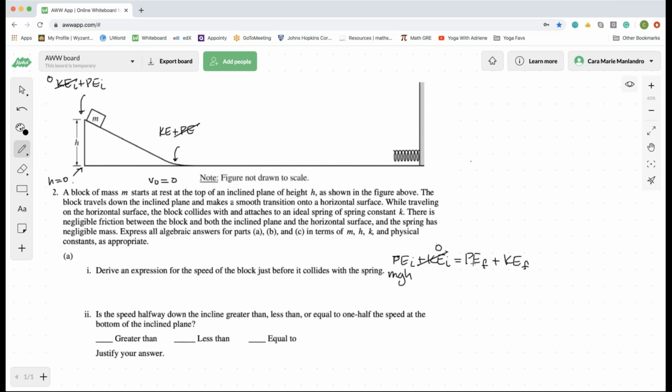And then this is 0 because I am at rest. Down at the bottom, h is 0. So I'm setting mgh equal to 1/2 mv squared. I can drop out those m's. So v squared is 2gh. So v is equal to the square root of 2gh. Does everybody agree with that? Awesome.